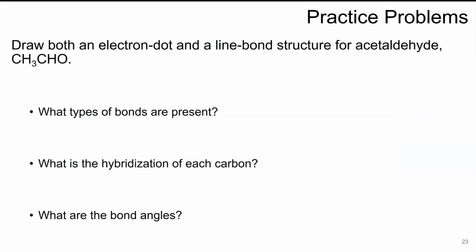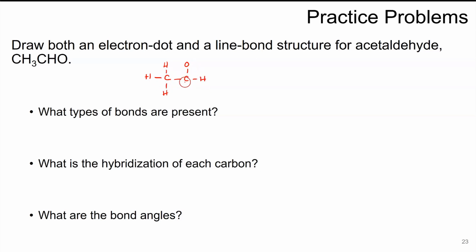Okay, so we are tasked with drawing the electron dot and line bond structure for acetaldehyde, or CH3CHO. So we want to draw this Lewis structure, or the Kekulé structure first. So I have C, H, and sometimes when organic compounds are written out, the order in which it's written is an indicator as to how things are put together. So I have a C with 3 H's bonded to a C with an H and an O. So I'm going to look at this and notice that this carbon has 4 bonds.